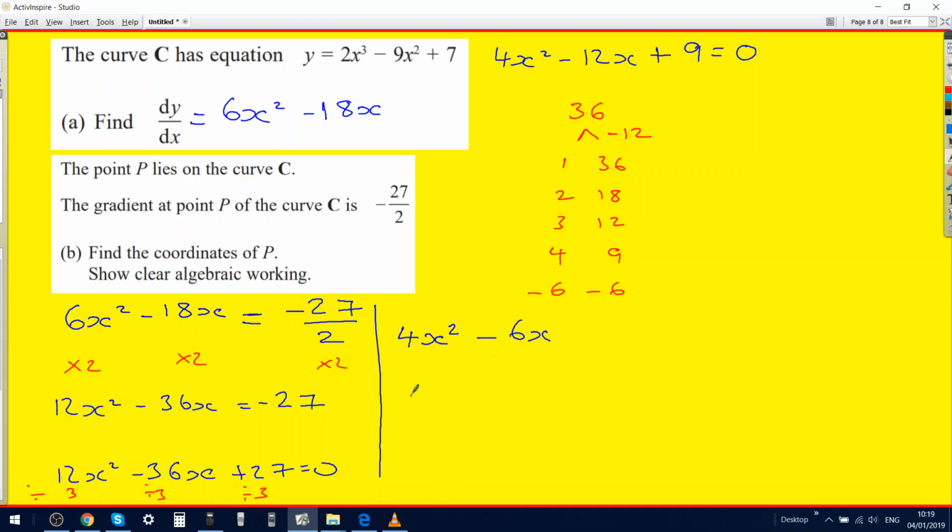Actually, you can take out another factor.